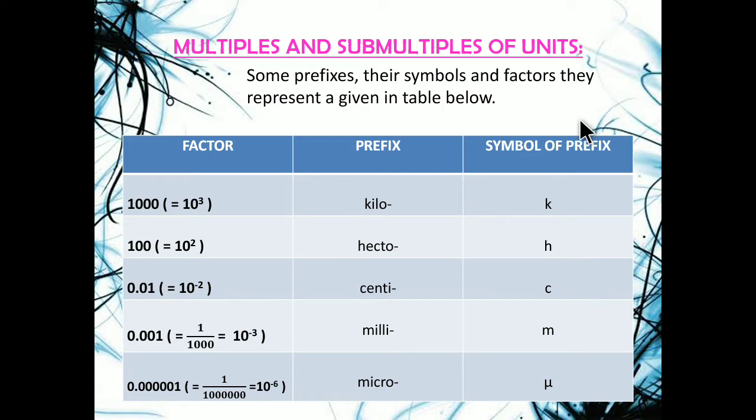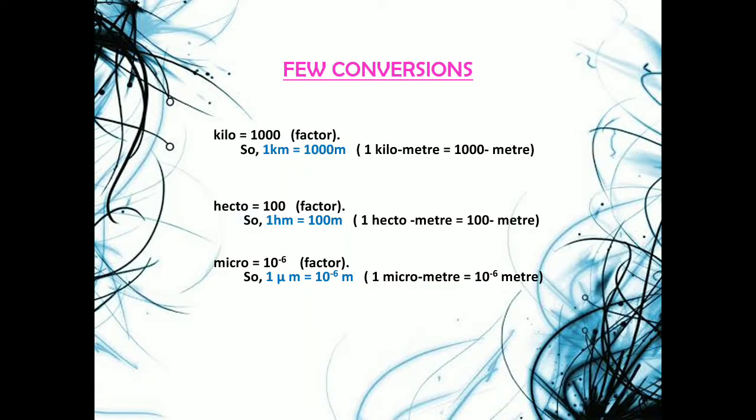Let's see few conversions using these powers of 10. Here, I know kilo is a factor of 1000. So if I write 1 kilometer, that means wherever I have mentioned a kilo, I will be using factor 1000. So 1 kilometer, if I want to convert it into meter, I will not change meter, but 1 kilo will be replaced by 1000.